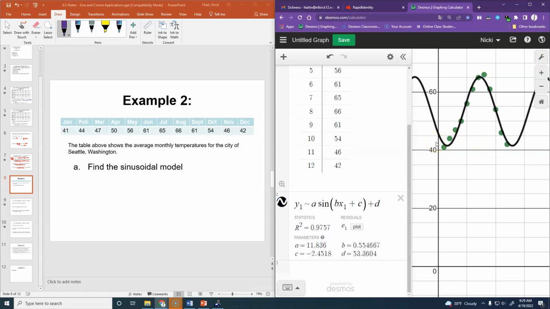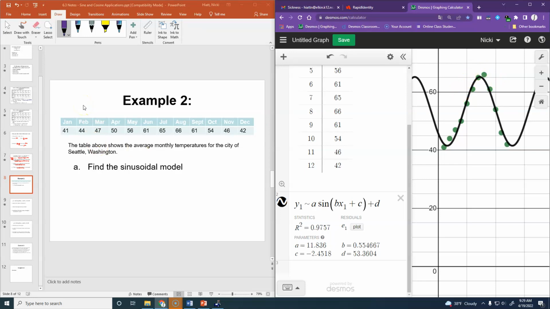You can see these don't fit the sine curve perfectly because when you're looking at average monthly temperatures for Seattle, Washington, you are not going to always see the same pattern every year. If you add more years in here, you could probably get a curve that was even better. Maybe this was a particularly warm time for them.